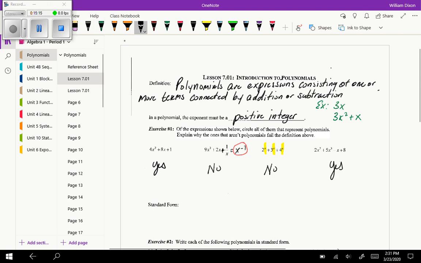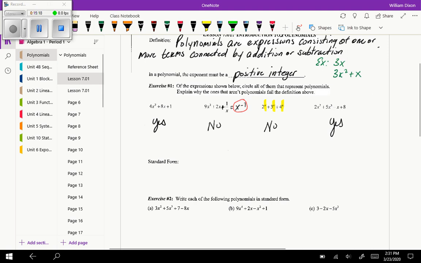All right, so let's look at standard form. Standard form, a couple things. One, you're going to see this a lot: ax squared plus bx plus c. Those are all different terms separated by addition. It is a polynomial. A is a coefficient of x squared. B is a coefficient of x. All right, x is a variable.